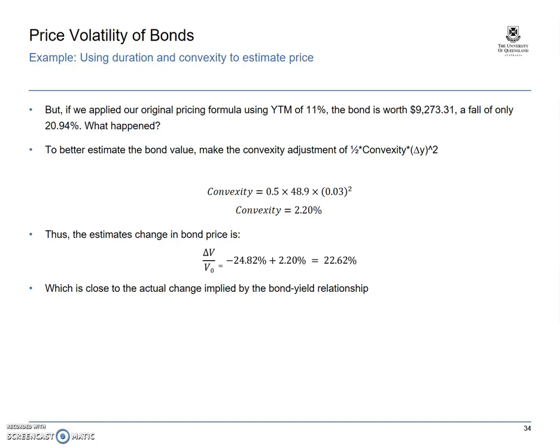To better estimate the value of the bond, we make that convexity adjustment, which is 2.2, and we see that using duration and convexity, we estimate that the price change would be about 22.62%. So by using convexity, we get closer to what the actual percentage change would be. It's a fair bit closer, but not exactly that 20.9, but we're closer with using that convexity adjustment.